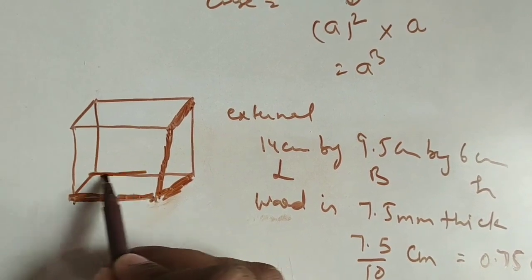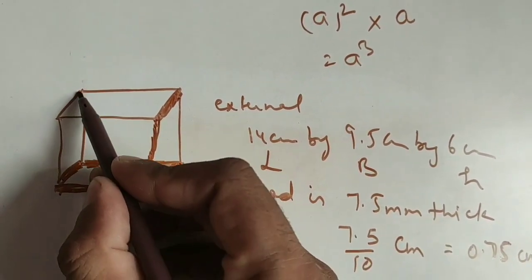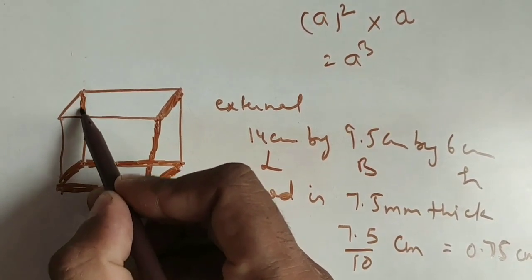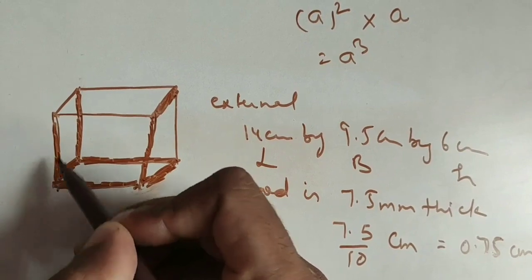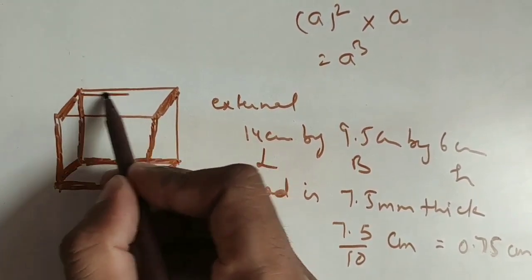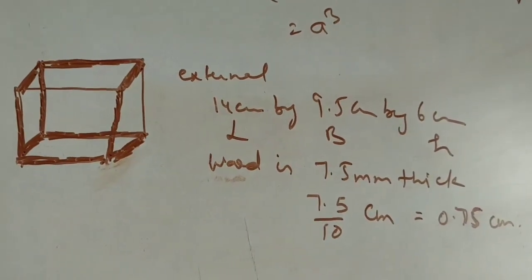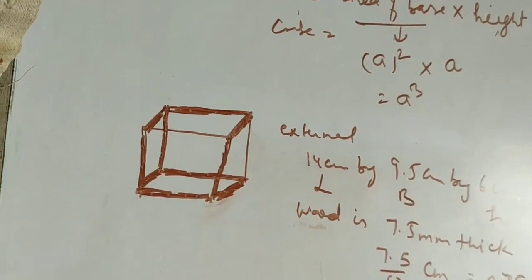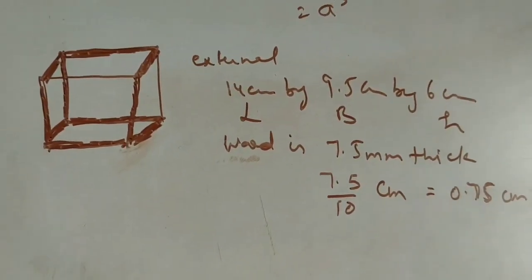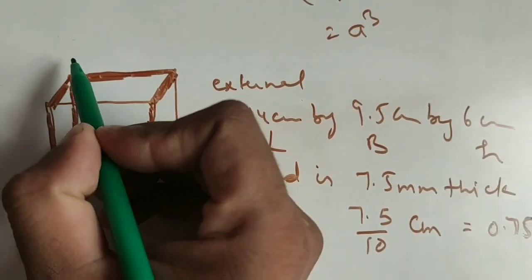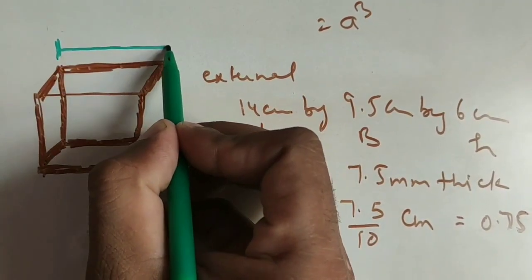If thickness is there, clearly the external measurements will be greater than the internal measurements. Why? When we measure externally, we measure from this point up to this point.